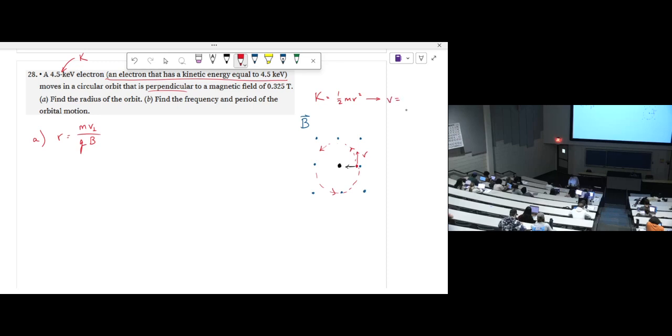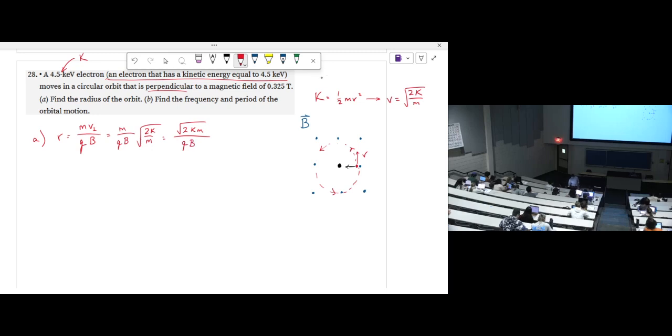And so v, the speed, is going to be equal to the square root of 2K over m. So now I've got that this is m over qB times the square root of 2K over m, or that's going to be equal to the square root of 2Km over qB.